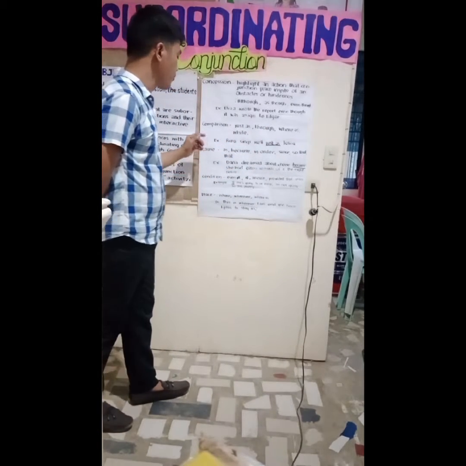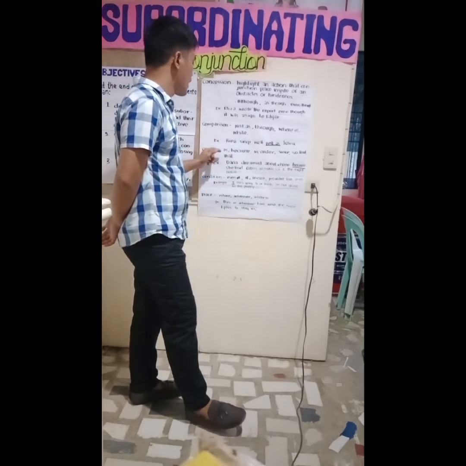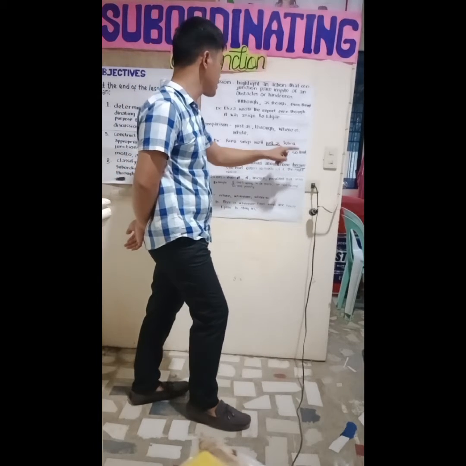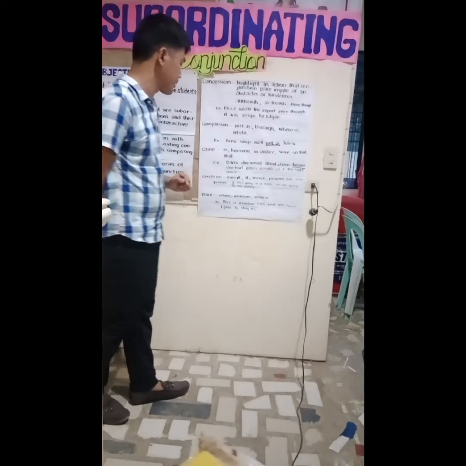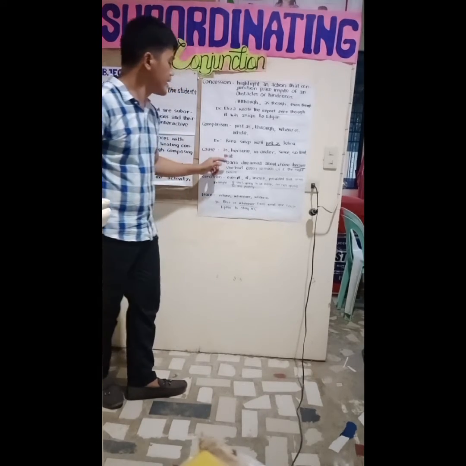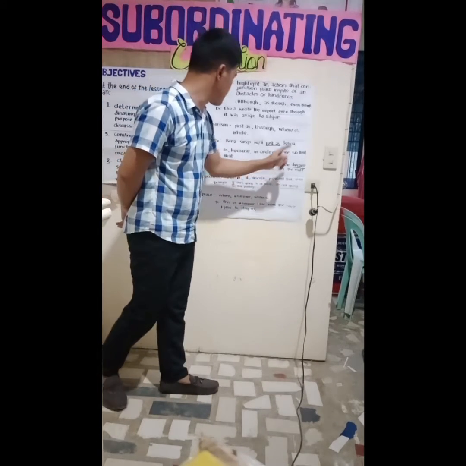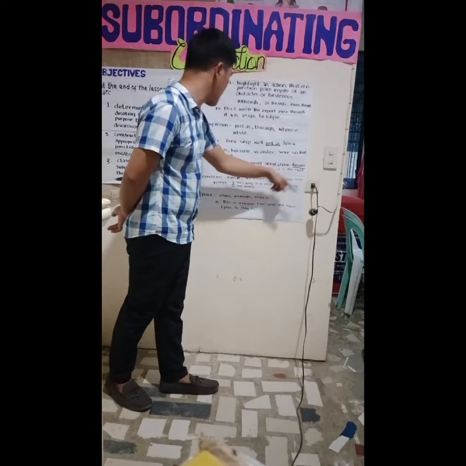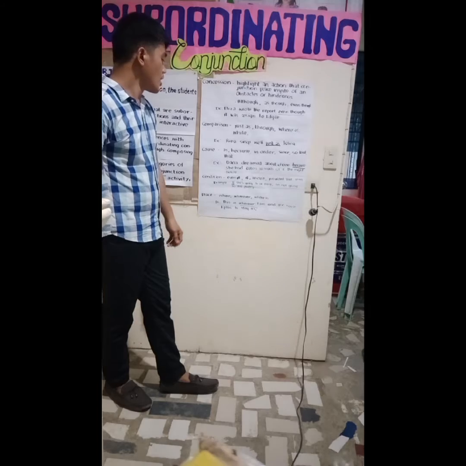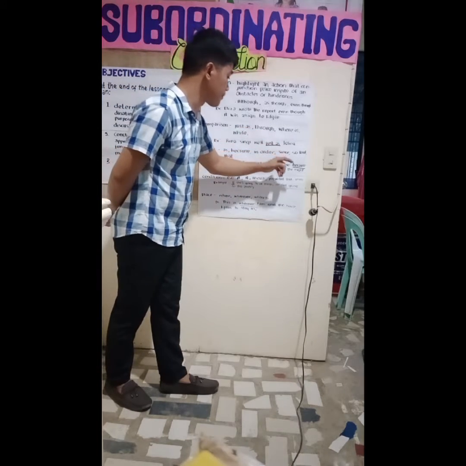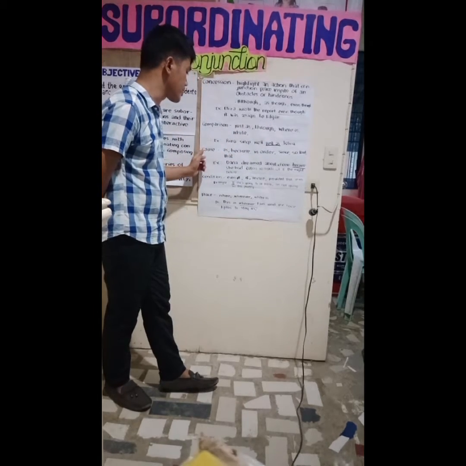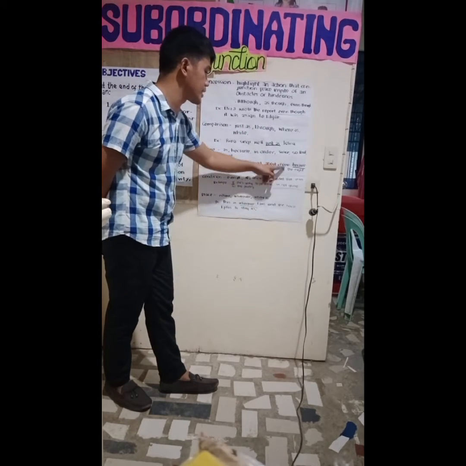The fourth one is cause. As, because, in order that, since, so that, now that. Example: Dana dreamed about cheese because she had eaten so much of it the night before. So the underlined word because is the cause of Dana's dream about cheese.